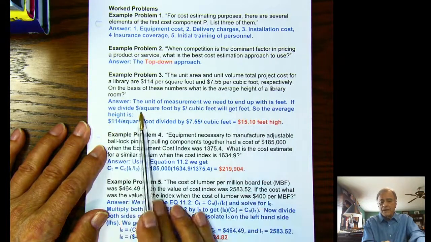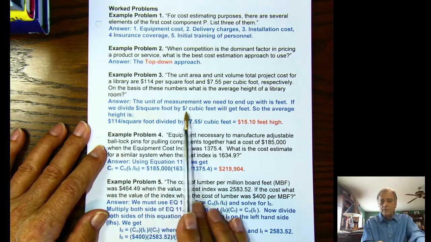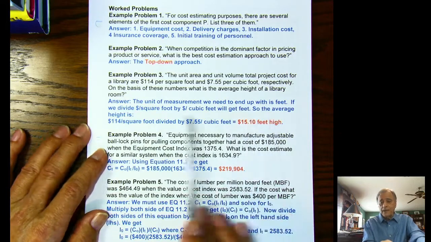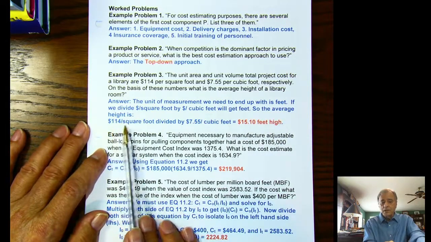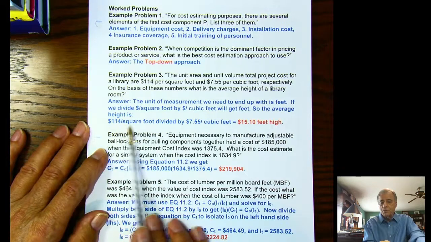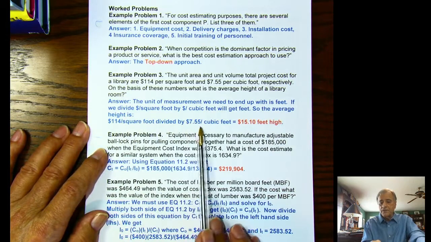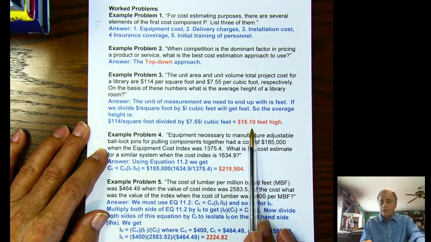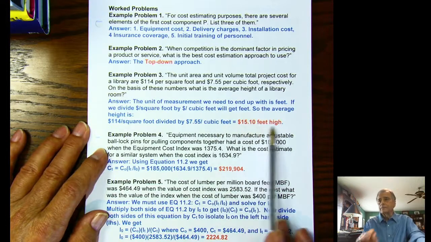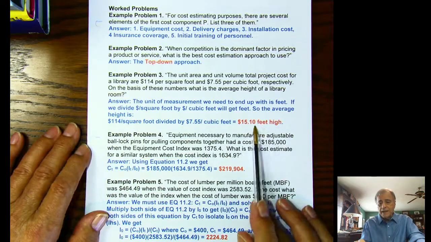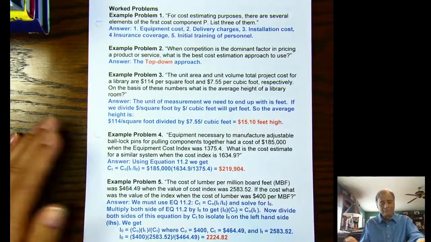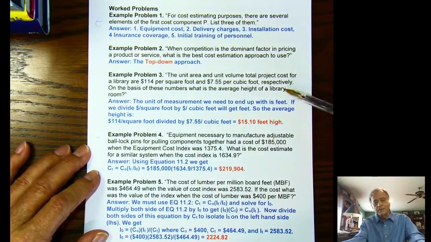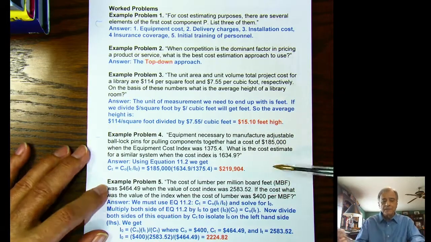If you divide dollars per square foot by dollars per cubic foot, you get feet. Okay, so the average height is $114 per square foot divided by $7.55 per cubic foot equals 15.1 feet. And so that's the average height that you get out of that. That's a kind of a different kind of a problem, I would say.